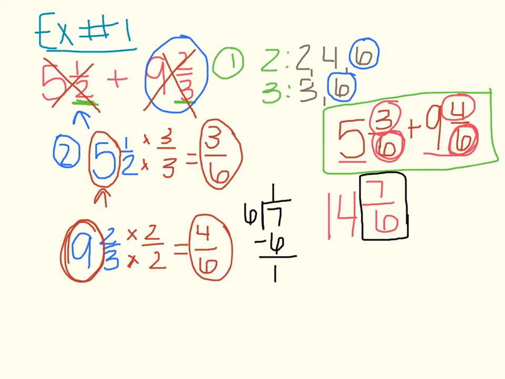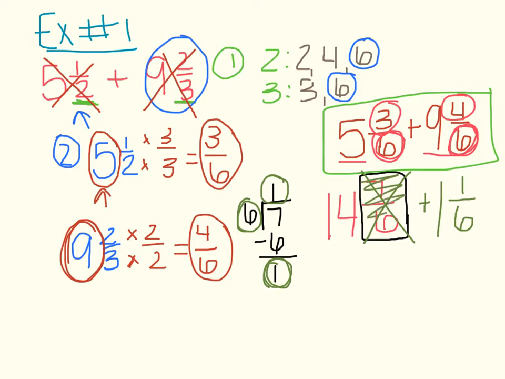Now remember, to make that into a mixed number, we would have this as the whole number. This is my numerator. And my denominator stays the same. So I just changed 7/6 to 1 1/6.